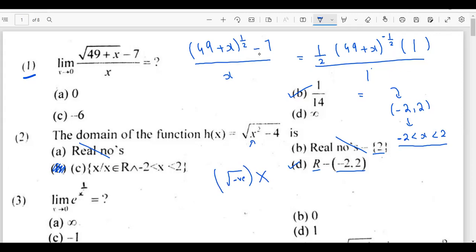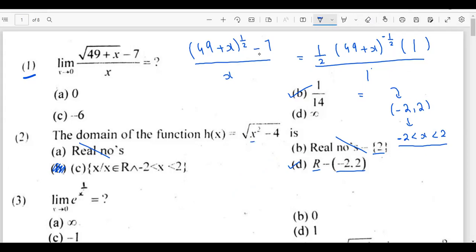Now we know that -2 squared gives you 4 and 2 squared gives you 4. So if you have, let's say, -3 squared or -4 squared or 3 squared, 4 squared, that would give you perfect answers. 2 squared minus 4 would give you 0. But if you have 1, then 1 squared minus 4 would give you -3, and the square root of -3 is something which you cannot accept. This would not give you a real number, so we need to exclude these values of x.